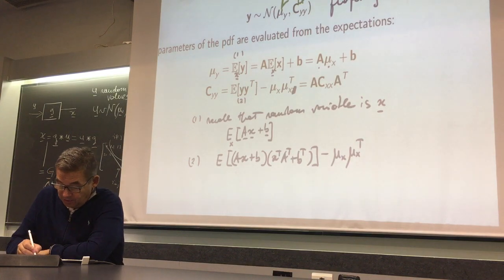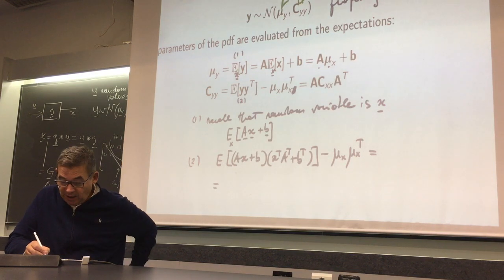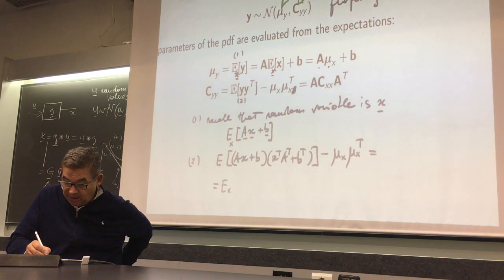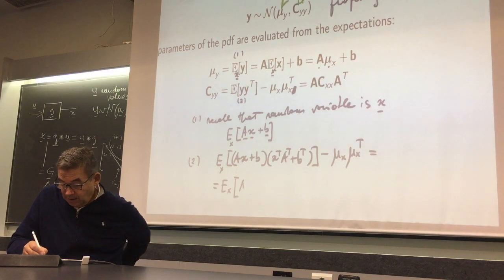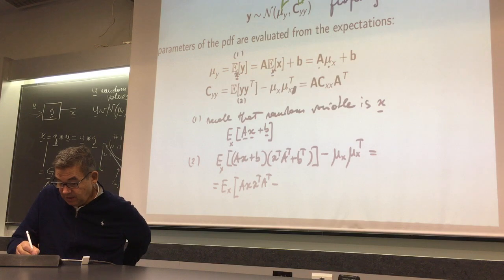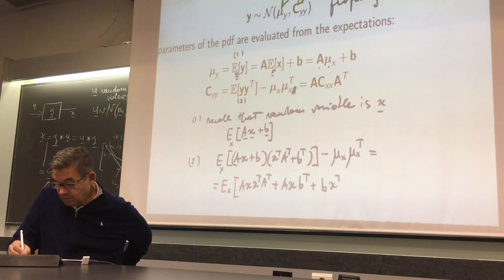So I multiply all the terms. I have the expectation with respect to x of ax x transpose a transpose, then I have a plus, sorry, I have ax b transpose plus b x transpose a transpose, and then I have plus b b transpose.